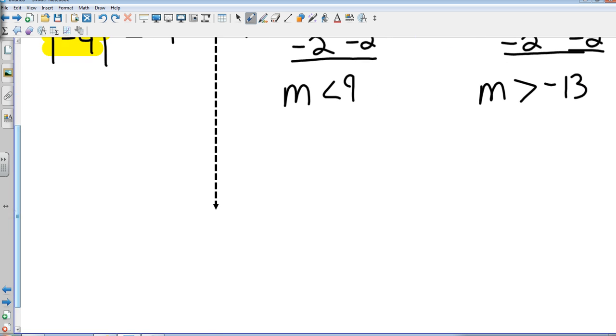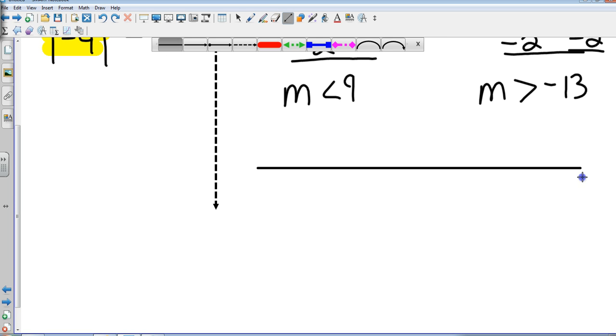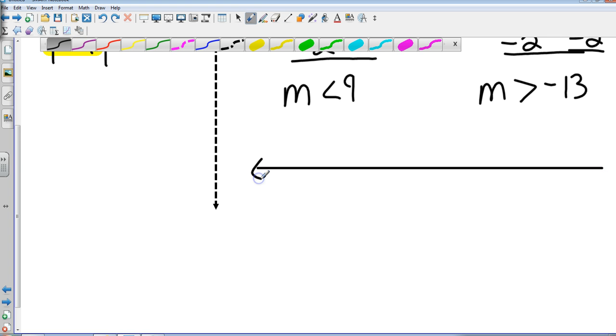And so just for the sake of space and time, with 9 and 13, I'm going to go by 5's. 0, 5, 10, 15, -5, -10, -15, -20.